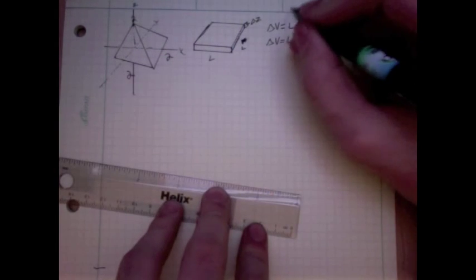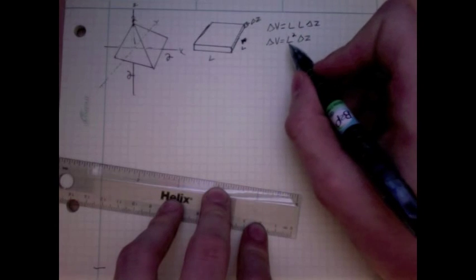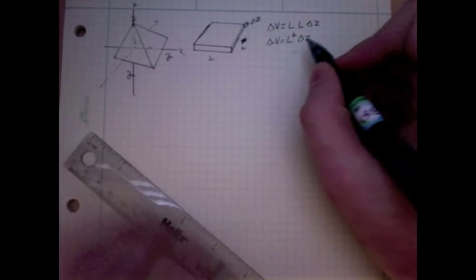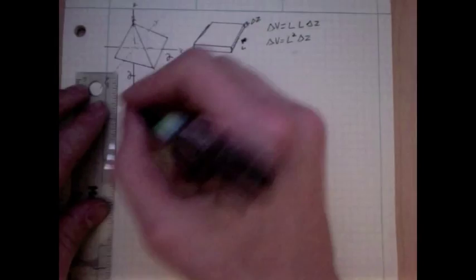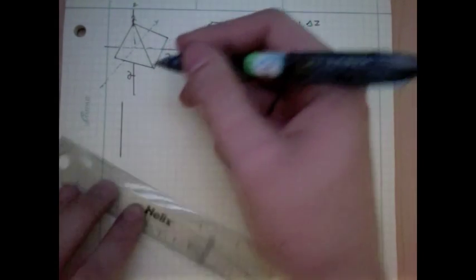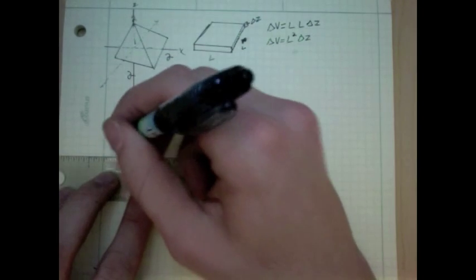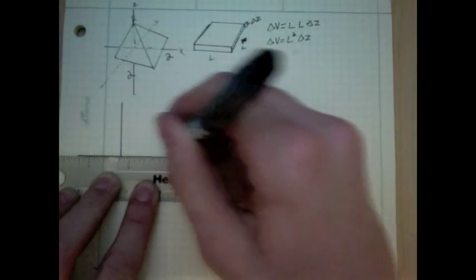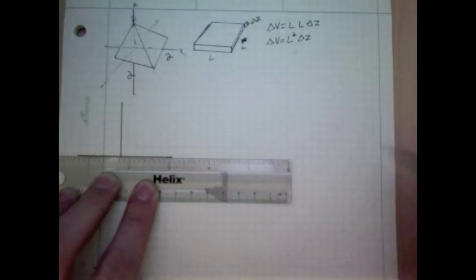But then there's the issue of getting length. We have to get length in terms of Z. Well, that's not that hard. Again, we draw another diagram. With this, let's just graph the Z and X direction of this.